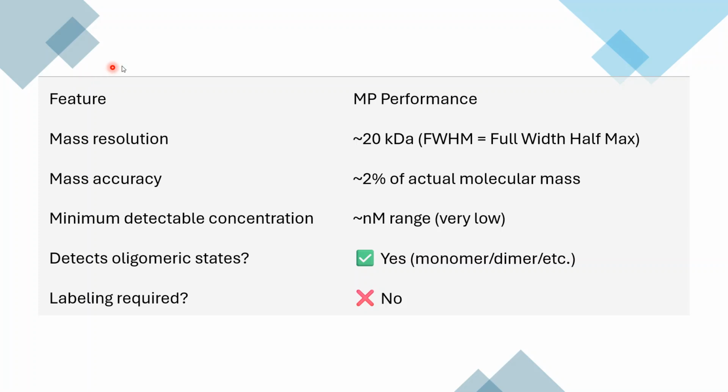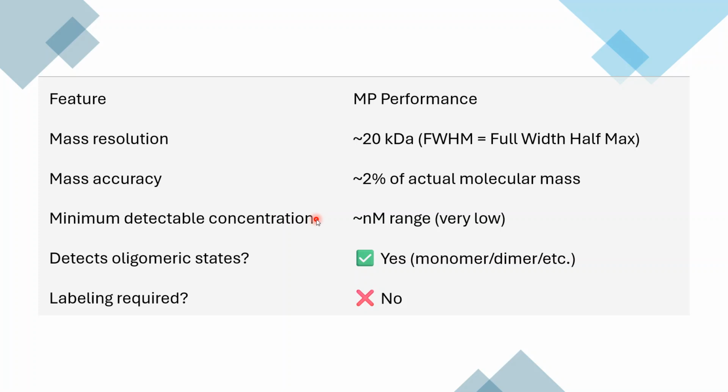Now, on the left-hand side, we have some features, and on the right-hand side, we have the MP performance with respect to each feature. Mass resolution: proteins starting from 20 kDa to 30 kDa can be resolved by mass photometry, and its mass accuracy is approximately 2% of the actual molecular mass, and the minimum detectable concentration is in the nanomolar range, which is very low in comparison to traditional methods like X-ray and cryo-EM, which require a large quantity of protein.